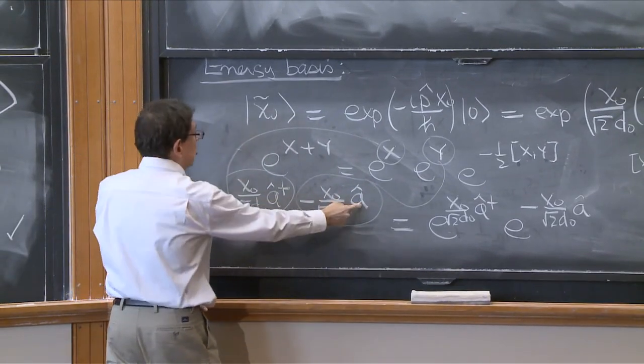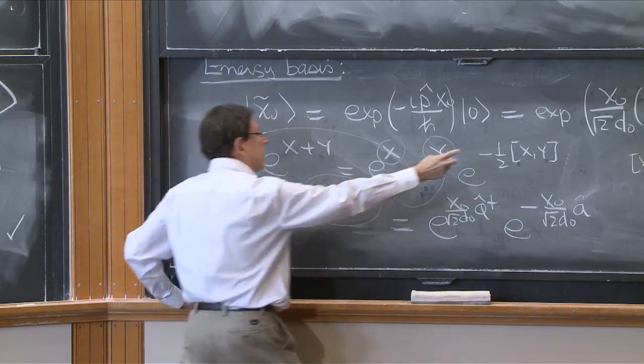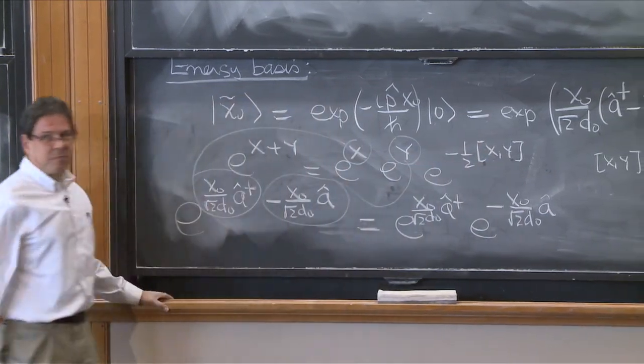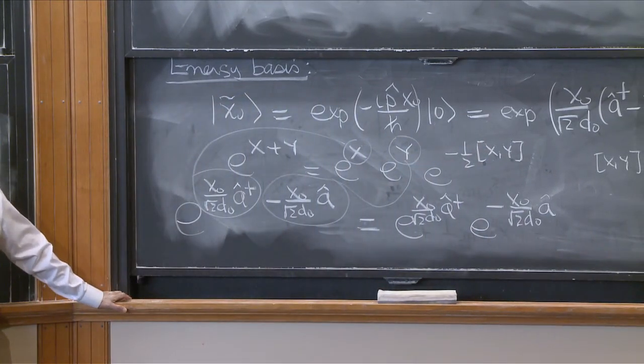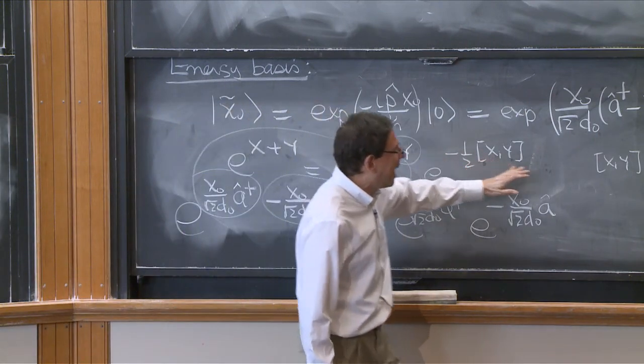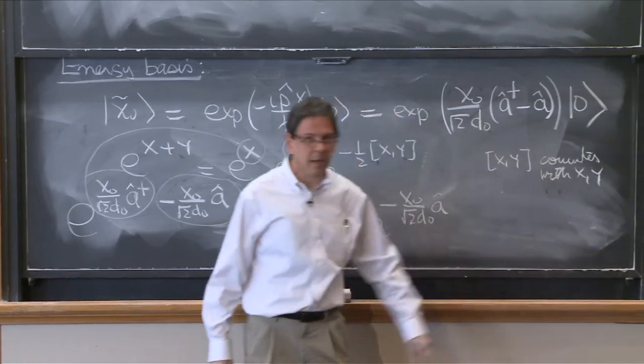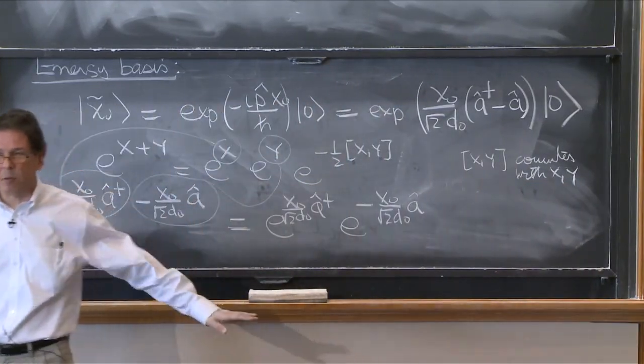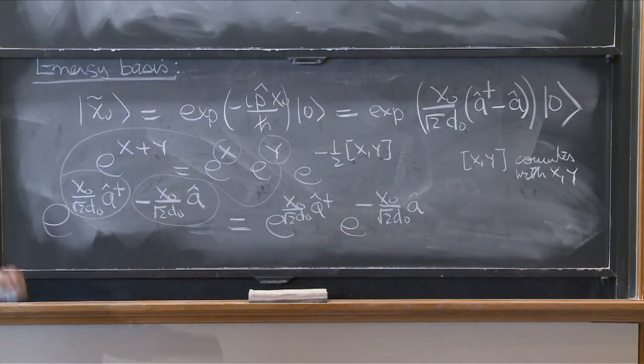And that is 1. So this commutator is a number. Crucial. Because if it wasn't a number, if it would be an a or an a dagger, it would not commute with x and y, and you have to include more terms. So the fact that this commutator is a number allows you to use this formula.